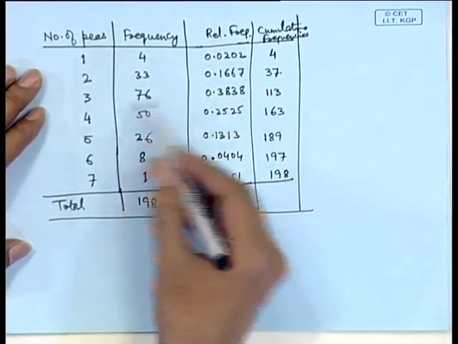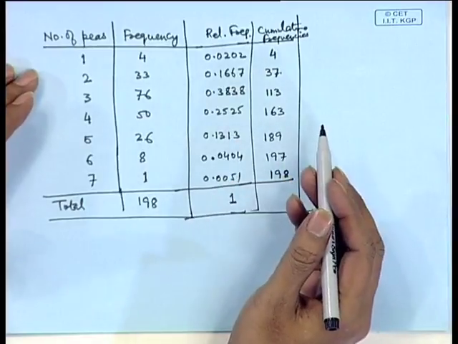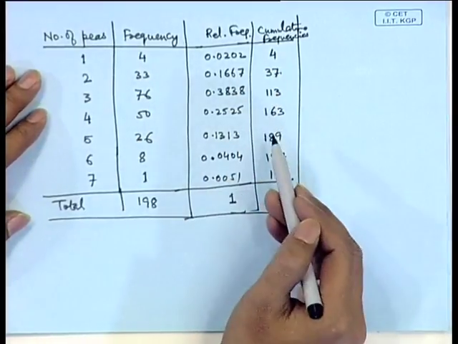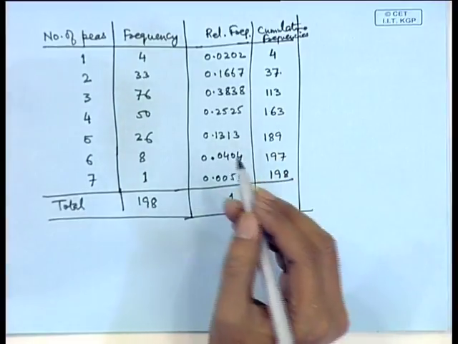This type of representation is called a discrete table or discrete variable table, because here corresponding to each value certain values are given. However, sometimes the data is too numerous. For example, if we are recording the heights of students or incomes of the families, then the data is too numerous, in the sense that if we record heights, we are not only going to record it in terms of inches, it may be in terms of the fractions of inches or centimeters, and then the fractions of the centimeters and the fractions thereof.